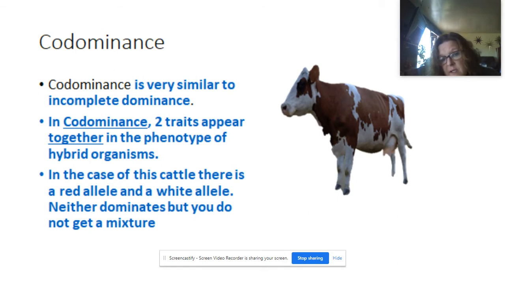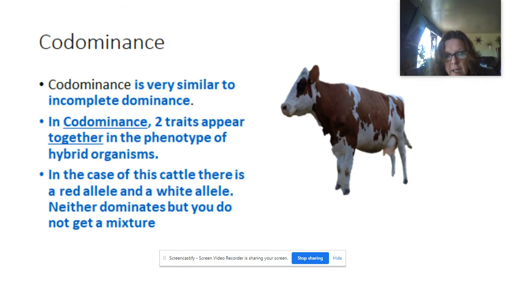So if this cow was a flower, you might expect it to be pink. But that's not what happens in codominance. It's not a mixture. You don't get a new third phenotype. You get an offspring which has some of both. So it has some red hairs and it has some white hairs, giving it a spotted appearance.